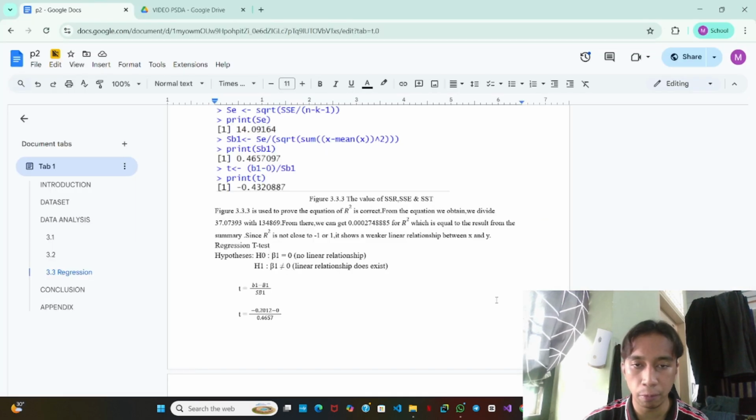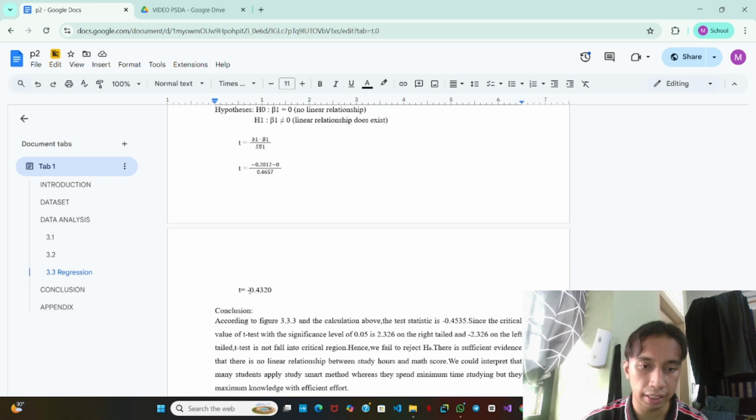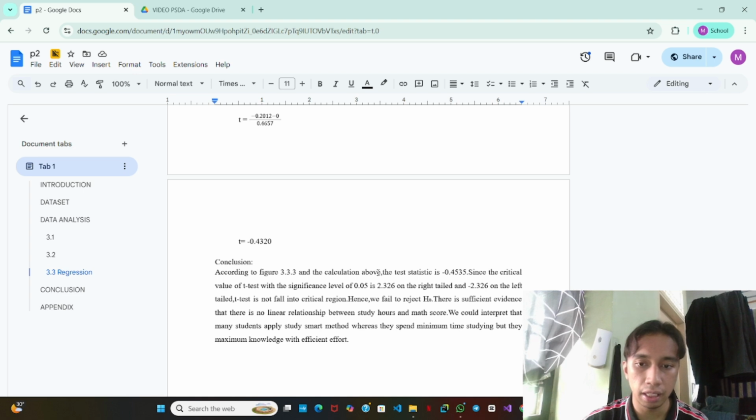And from our hypothesis testing, H null is B1 equals 0, which shows no relationship, and H1 is B1 not equal to 0, so a linear relationship does exist. So we calculate our T and we get negative 0.4320 with our significance value equal to 0.05.